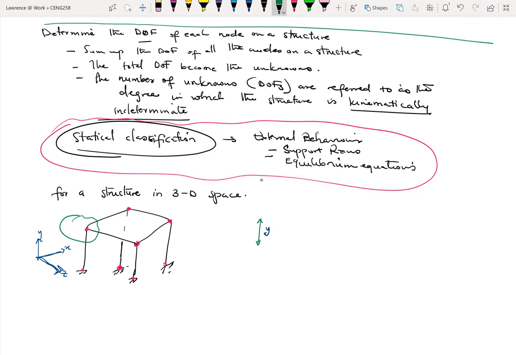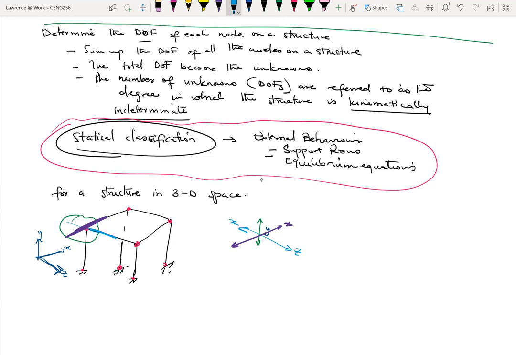It can also move along this line, so it can move in the Z direction, go and come along the line I'm trying to show right here. In the same way, it can also move in the X direction.